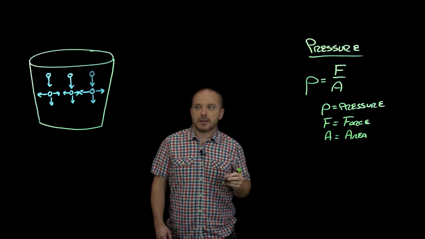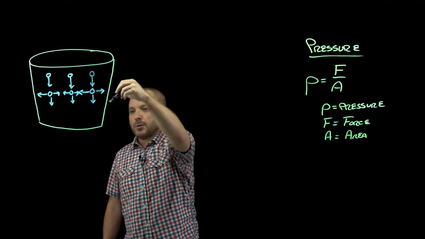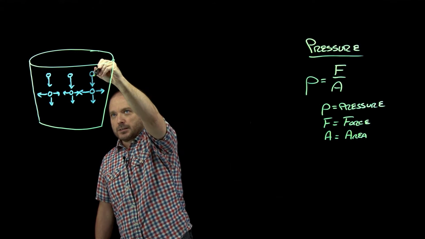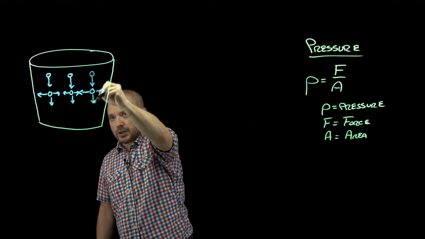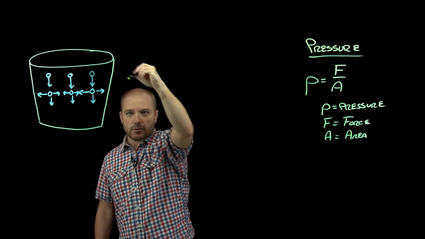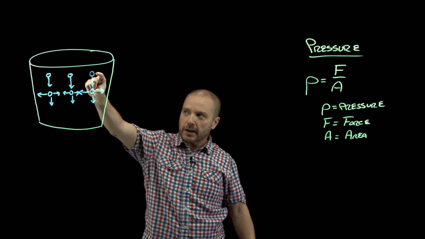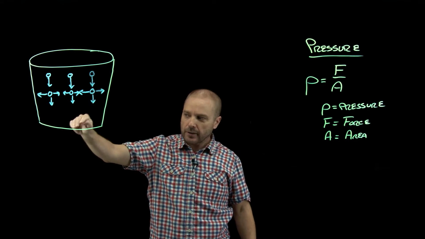Okay, so if we're thinking about a fluid, if you were looking at the very bottom here, you'd have this little speck of water pushing on this, pushing on the next, and it's an additive effect, right? The weight of that little dot of water is pushing down on this one, but now both of their weights are pushing down on the next.